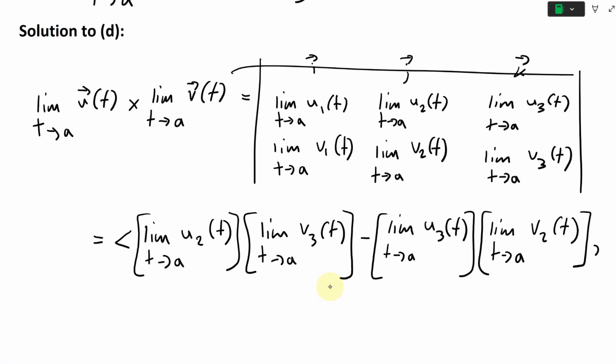If we recall, we cross out the middle column, and because the middle one is the only one that has a negative, we do the opposite side.